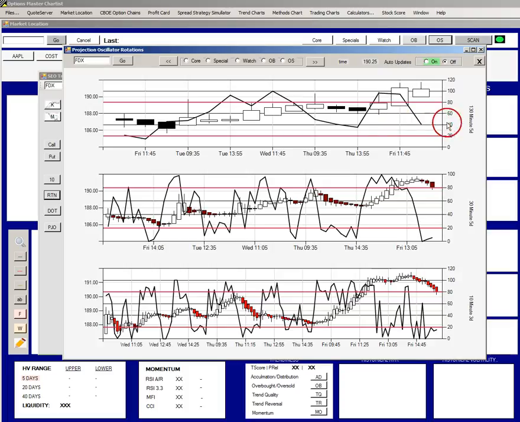And what this chart is showing: 130 minutes, 5 days of 130-minute bars, 5 days of 30-minute bars, and 3 days of 10-minute bars, all in the Heikin-Ashi format.